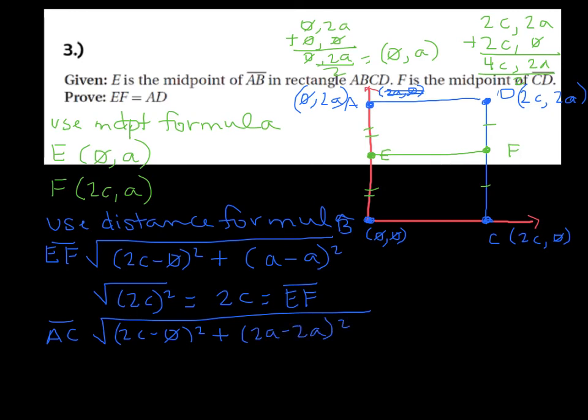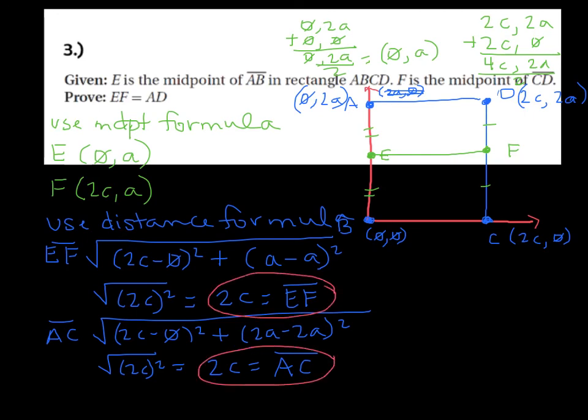So anything minus itself is 0, squared is 0. And then notice that we have our 2c squared left under our root symbol, which means that AD is also equivalent to 2c. So I'm looking at this portion right here, and I can now say that EF is equal to AD.